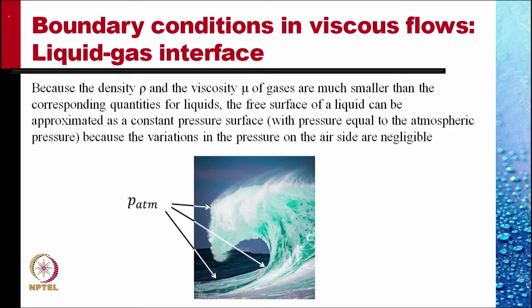At a liquid-gas interface, because the density rho and the viscosity mu of gases are much smaller than the corresponding quantities for liquids, the free surface of the liquid can be approximated as a constant pressure surface.